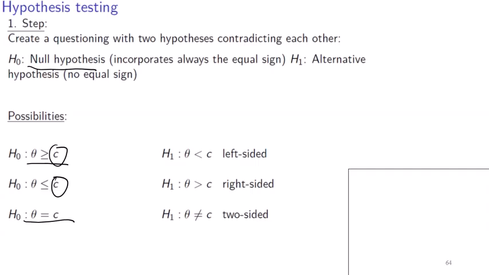And since I'm going once to the left, once to the right, and here, so to speak, to both sides, I call this a left-sided, a right-sided, or a two-sided test. So the first step would be: what would be a reasonable hypothesis?